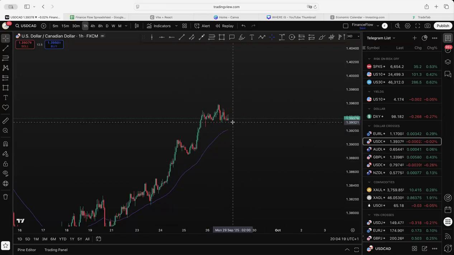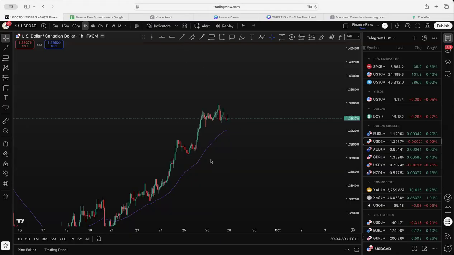It's trending above the 50 EMA, moving average, which would mean there is a higher probability, whilst it's above, of it going higher.